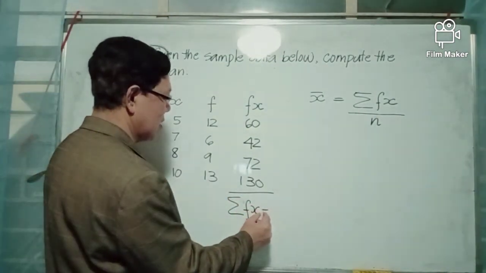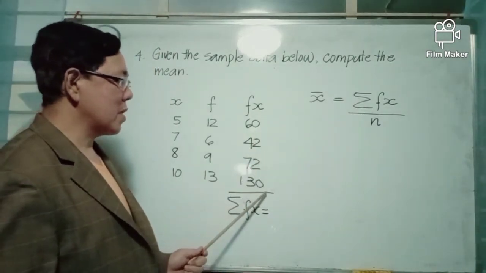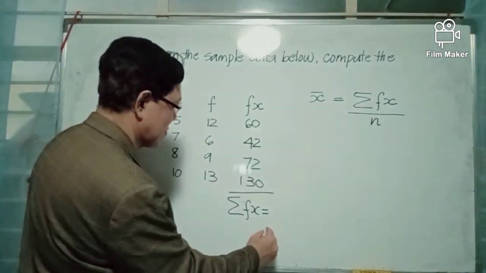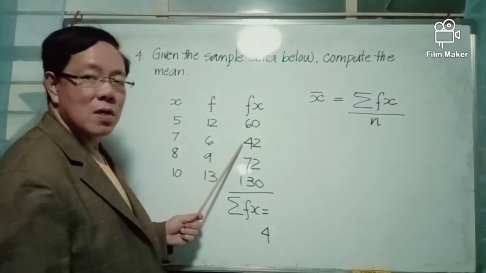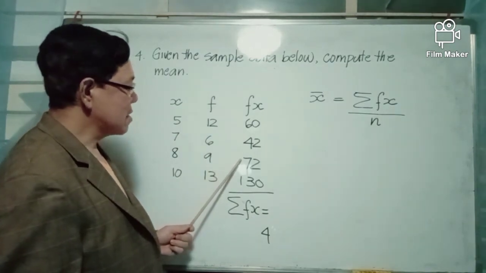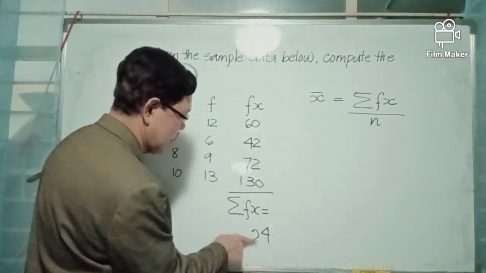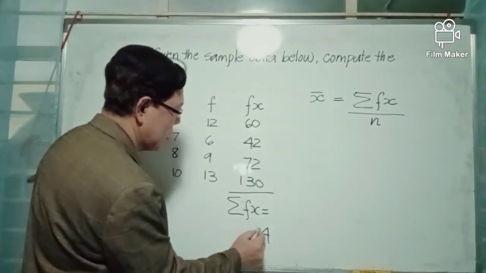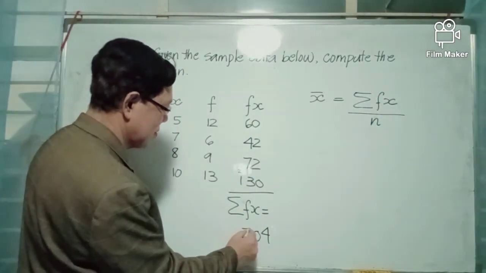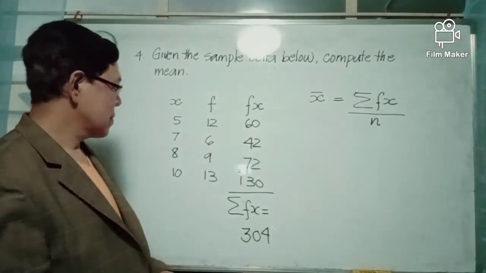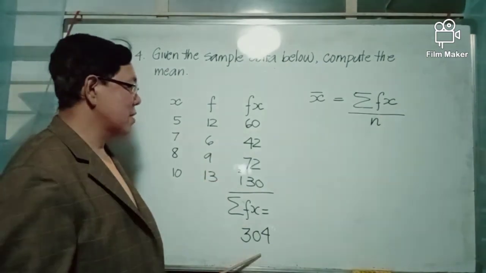Summation of fx equals, we add 0 plus 2 plus 2 plus 0 is 4. We add 6 plus 4 is 10, plus 7 plus 3 is 20. 20, and we carry 2. 2 plus 1 is 3. The summation of the product fx is 304.